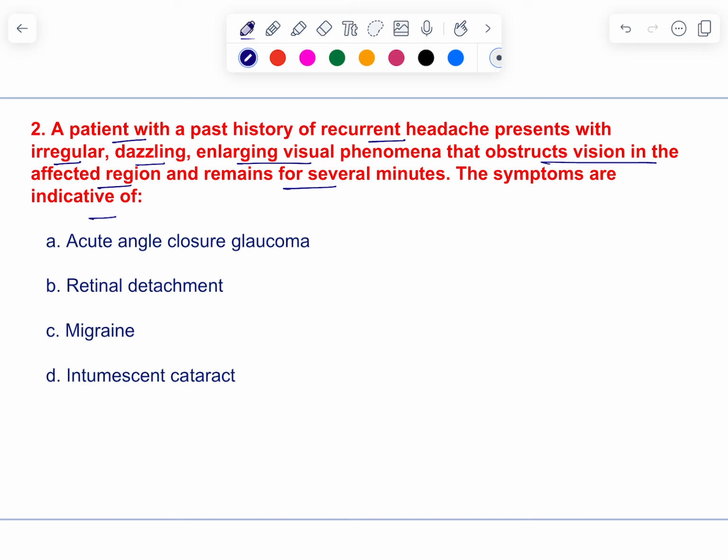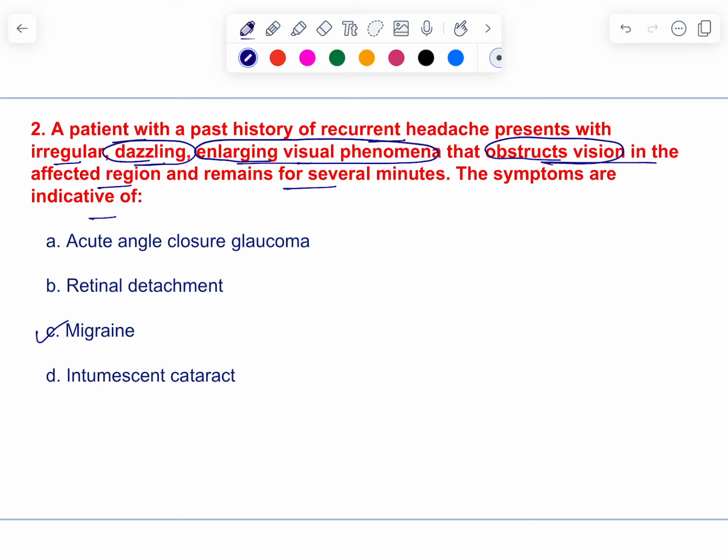Angle closure glaucoma, retinal detachment, migraine, intumescent cataract. So the answer here is migraine. So whatever this dazzling visual phenomena, right, dazzling, enlarging visual phenomena that is obstructing the affected region. So what is this basically?